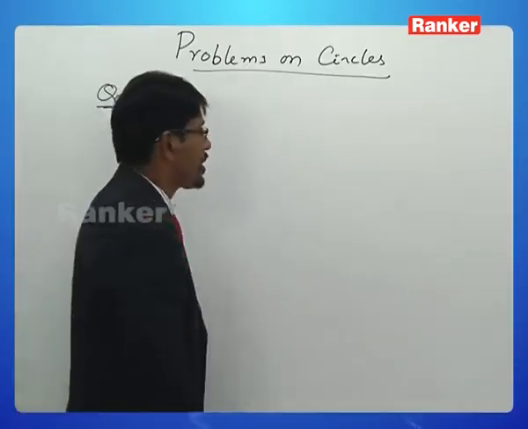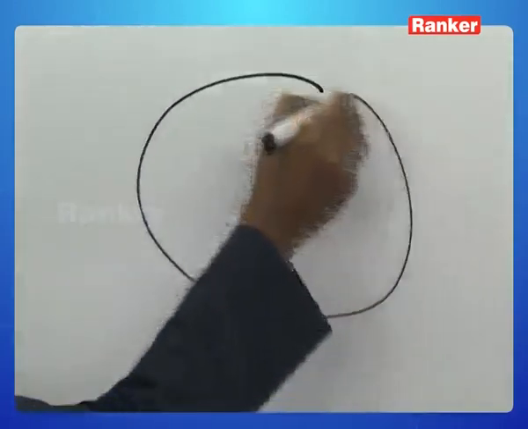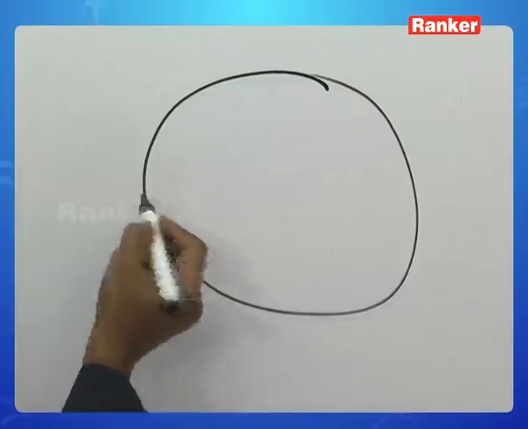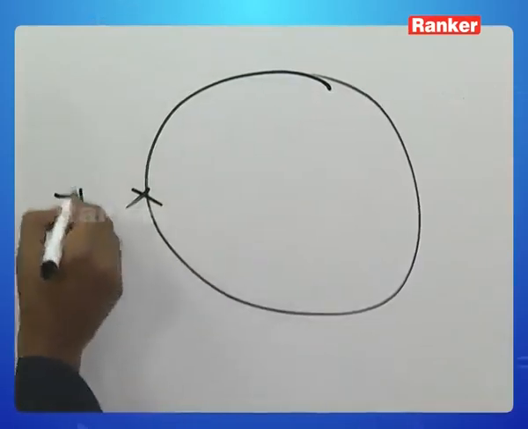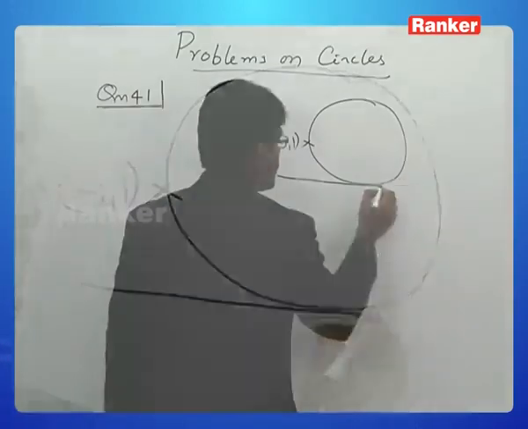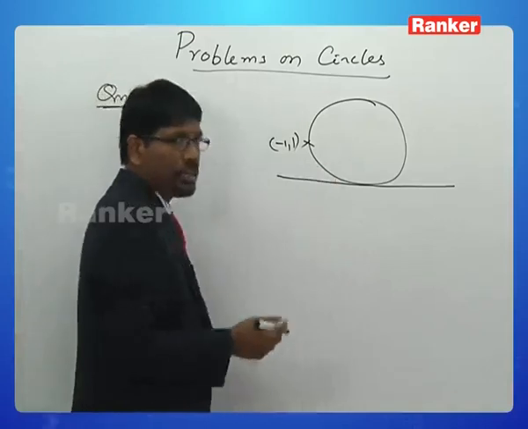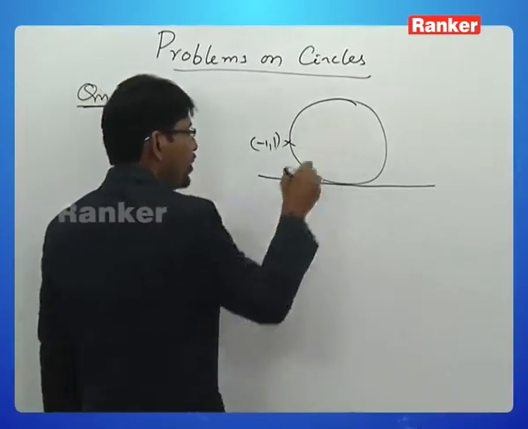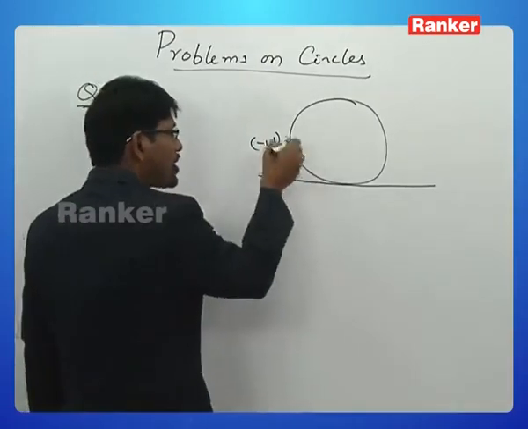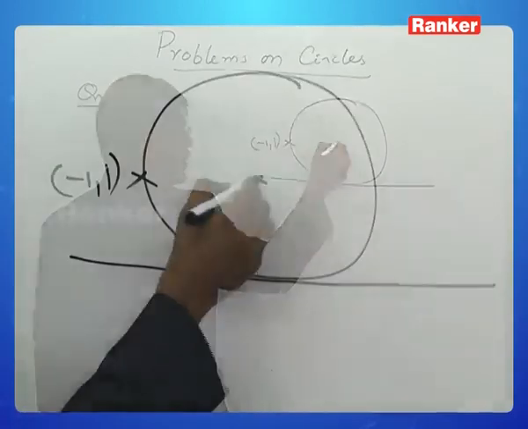So let's have a look at this. We have a variable circle passing through a fixed point (-1, 1) and also touching the x-axis. Now what is variable in it? The center is variable and also the radius. But all the circles are passing through (-1, 1).